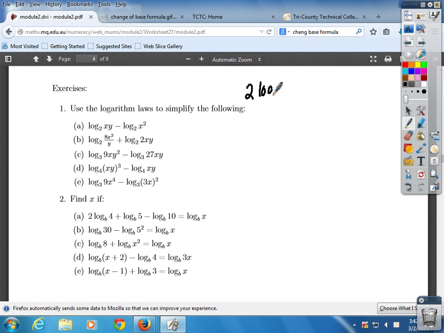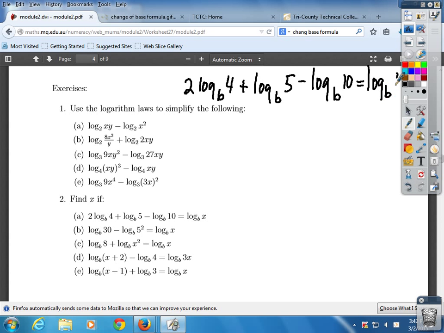Let's try that again. 2 log base b of 4 plus log base b of 5 minus log base b of 10 equals log base b of x.